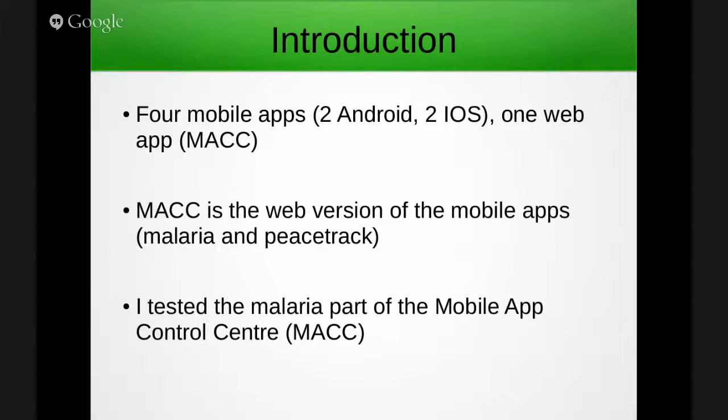And again, it's separated into 2, the malaria and the peace track part of the web app. Irish worked on the malaria part, while AJ worked on the peace track part. And my job was to test the malaria part of the mobile app control center, which will be abbreviated as the MACC.